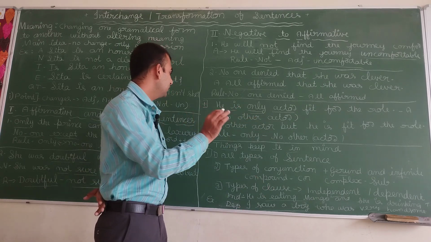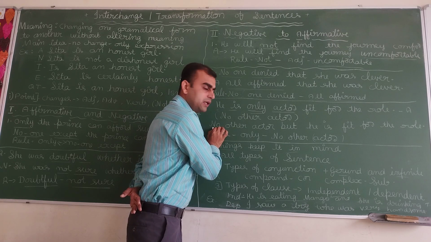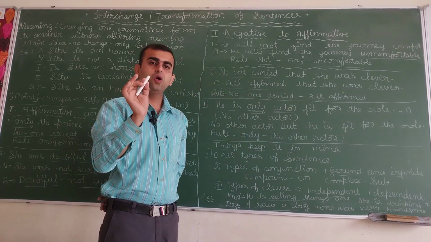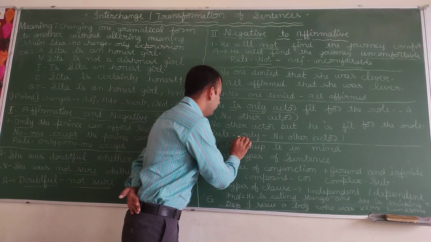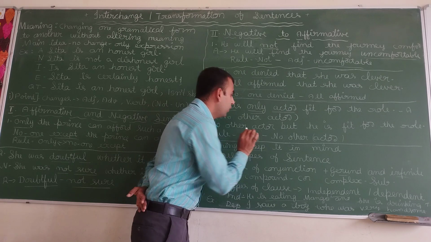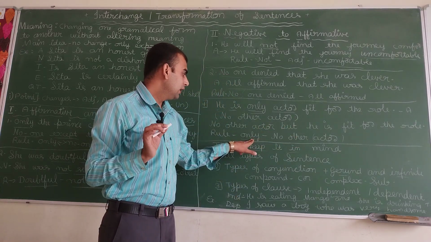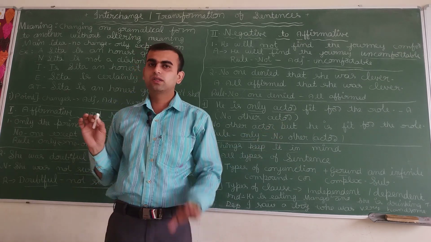How to change this particular sentence into a negative? We have to write: no other actor but he is fit for the role. The formula is the "only" always changes into "no other".